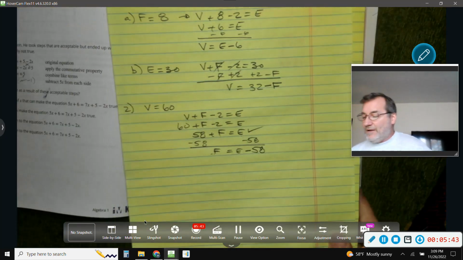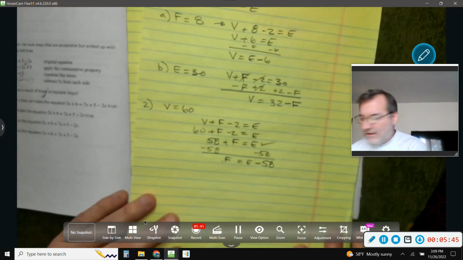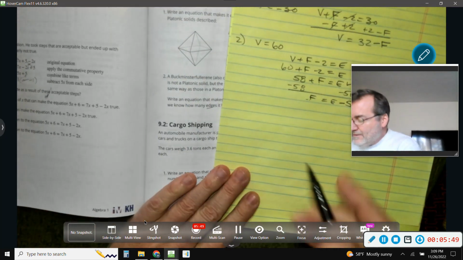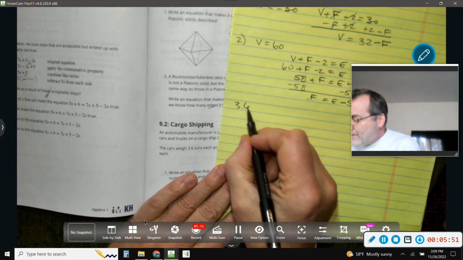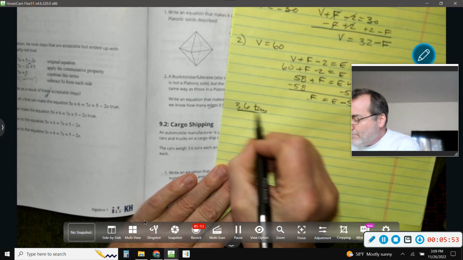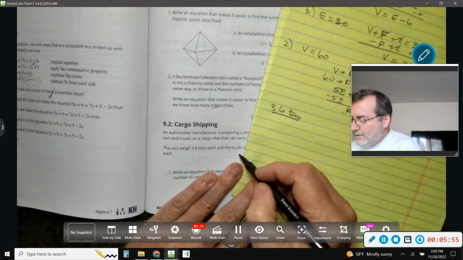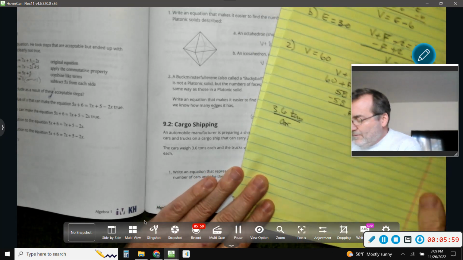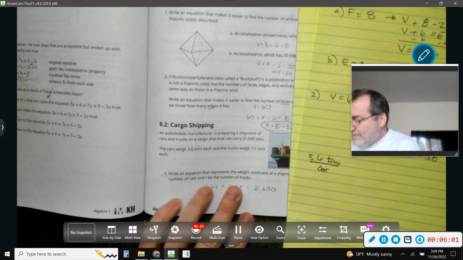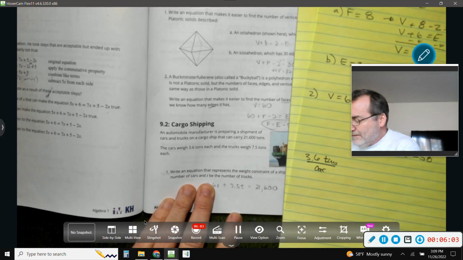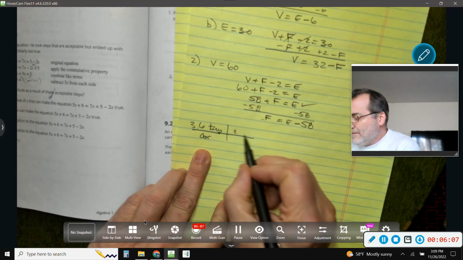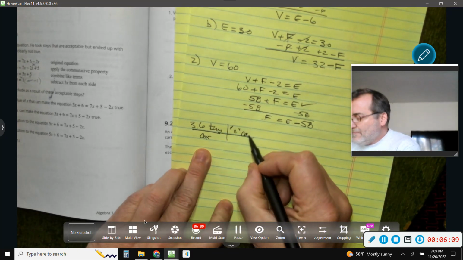So I'm going to expand that out just a little bit. What they're talking about here is you have 3.6 tons per car, and we need to know the number of cars. They like the letter C for cars. So C cars.